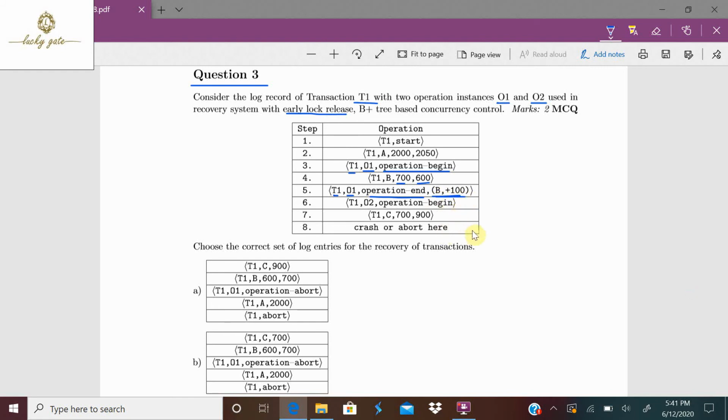Now while scanning the log after the crash occurs, it has to scan the log backwards. If the log contains operation end, it uses logical undo information, because here in the log we have operation end log records. This logical undo information will be useful for recovery.